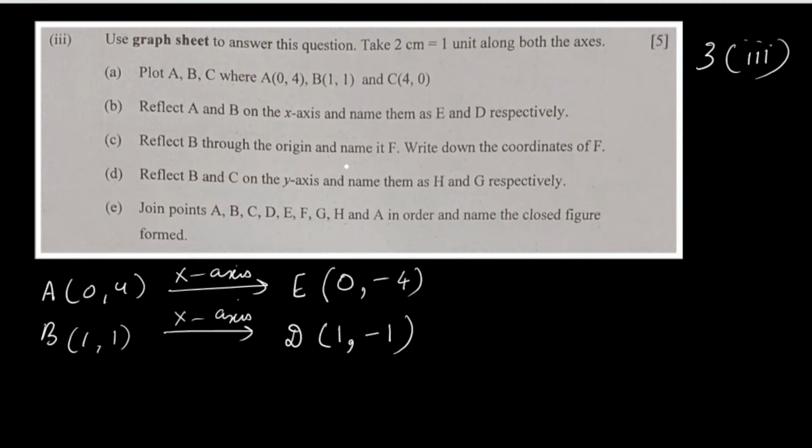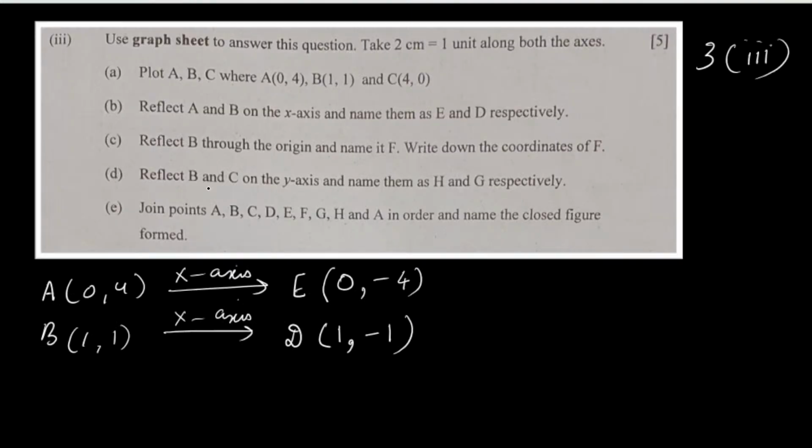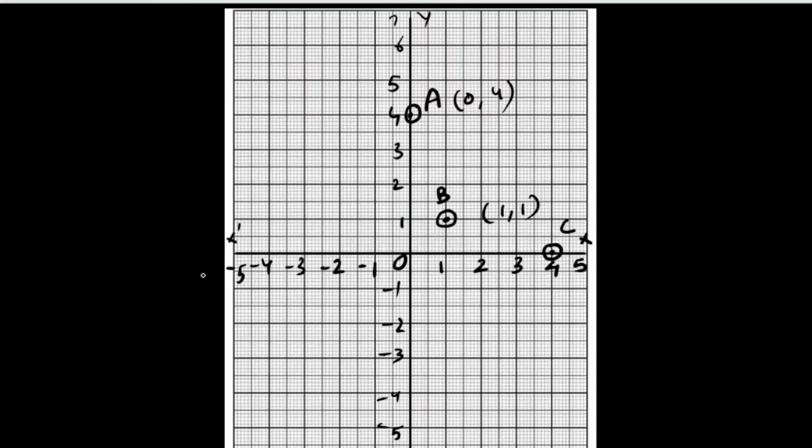So E and D, let's plot on the graph also. E is 0, -4. So on x-axis 0. If the value of x is 0, that means the point will lie on y-axis. So straight down we have to go. So this is E, point 0, -4.